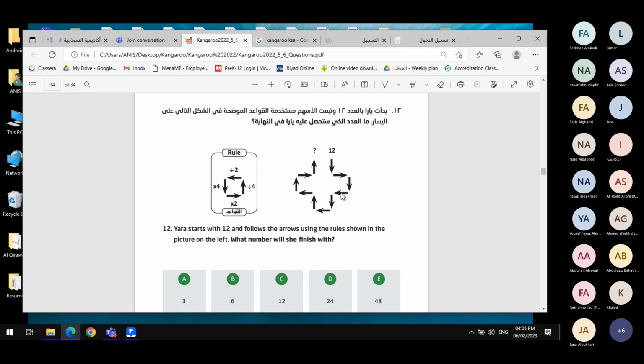192 by 4, which will give us 768. Using your calculator, right? I'm multiplying, I'm not using it. Okay. Now we divide 768 by 2, which gives us 384.